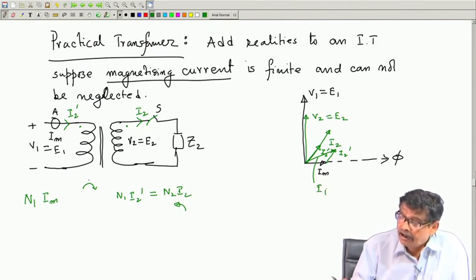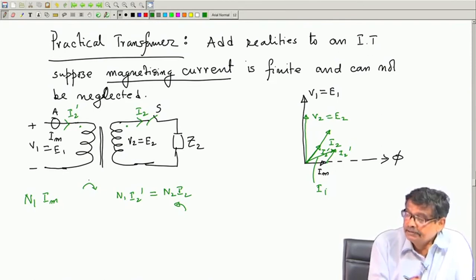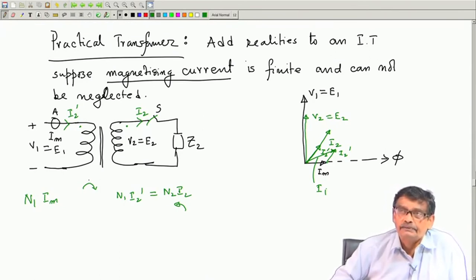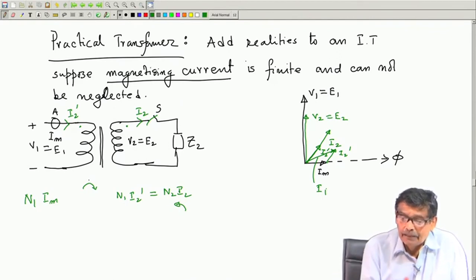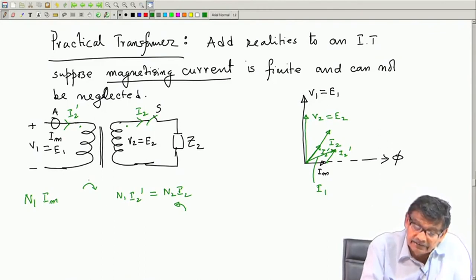So, there was I 2 dashed plus I m, you add and you get the primary current. This is a crucial point. Open the switch, ammeter will read I m. Close the switch, ammeter will read I m plus I 2 dashed, this plus this.